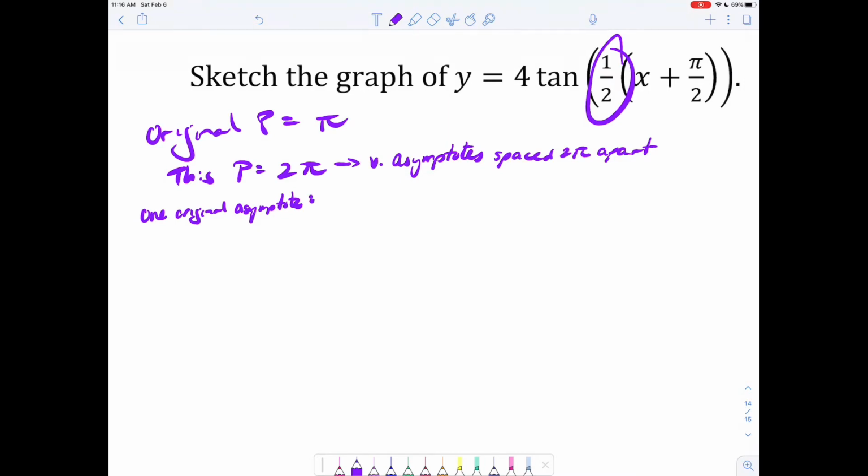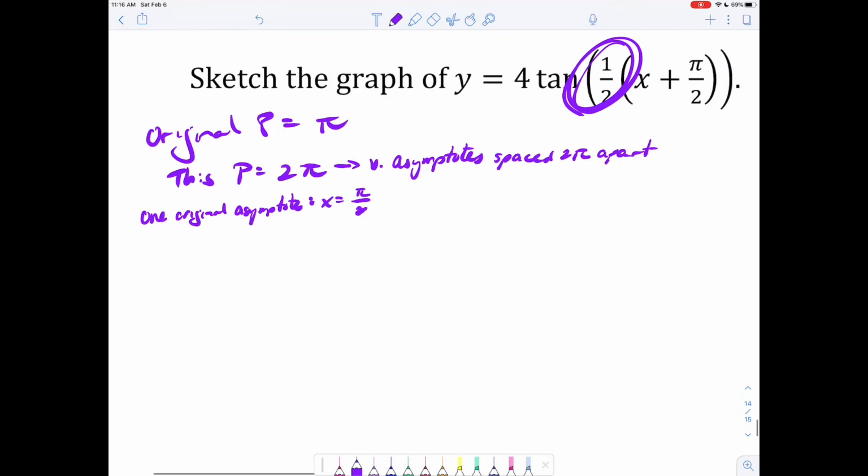One of the original asymptotes happened when x was equal to pi over 2, but now that's getting transformed. We are multiplying it by 2, and then we are also subtracting pi over 2. So we're employing those transformations to any of our horizontal aspects.